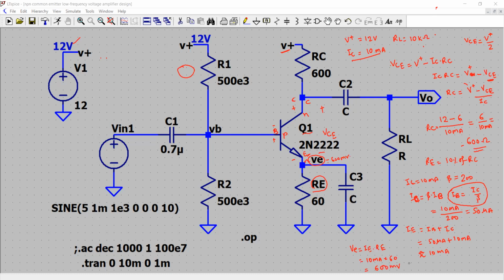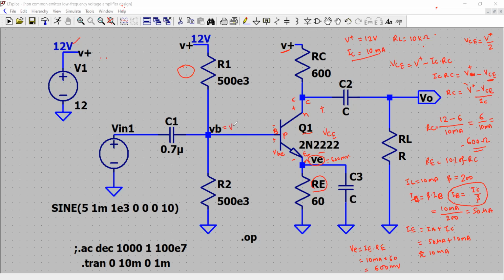Okay, so we are solving it one by one. The next job is to determine the value of VB. VB can be calculated as VBE plus VE, because VE we said will be VB minus VBE, so VB will be VE plus VBE.